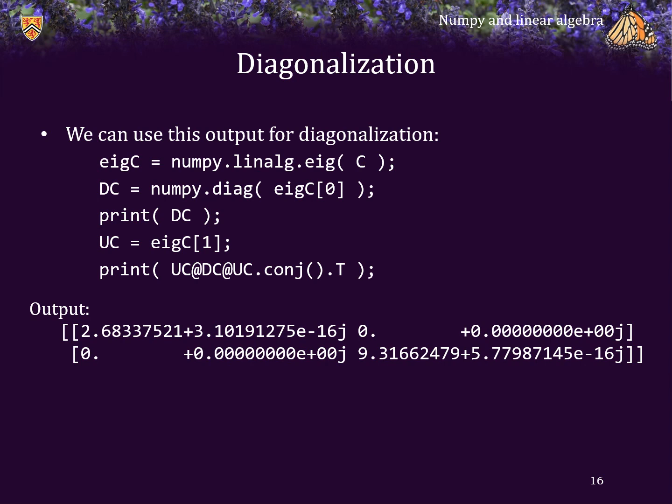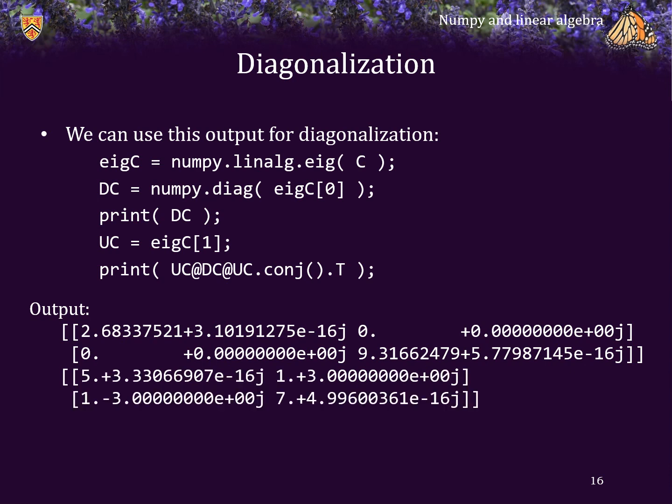And then we can calculate UC times the diagonal matrix times the conjugate transpose, which is the inverse of that unitary matrix. And you will notice that the result is very, very close to the original matrix, which had the entries 5, 1 plus 3j, and in the second row 1 minus 3j, and 7.